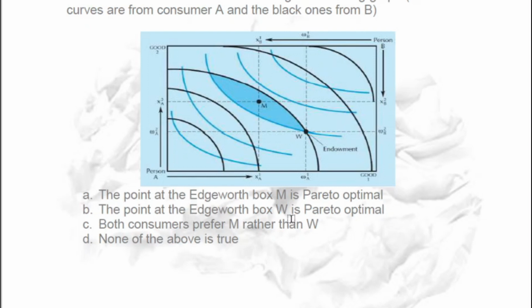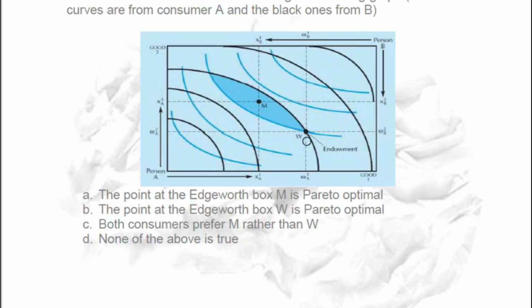The point at the Edgeworth box W is Pareto optimal. Of course not. I teach you this every time we begin unit 7. If starting from W the consumers change, for example, to M or to any bundle here in this blue zone, both will improve.